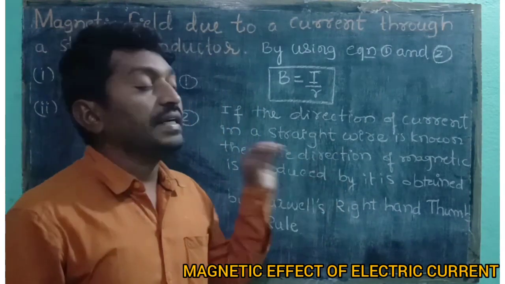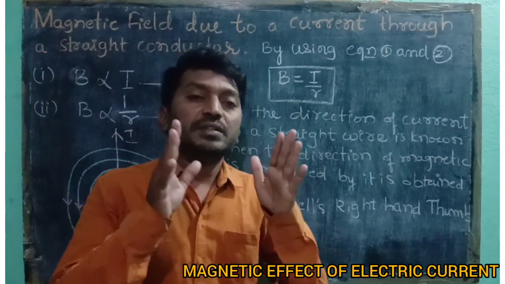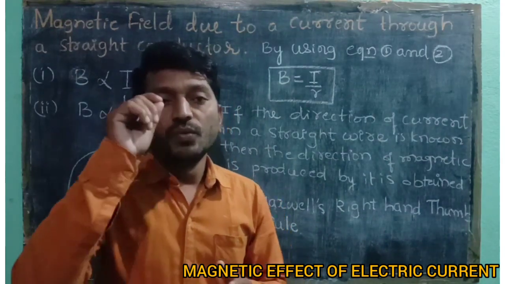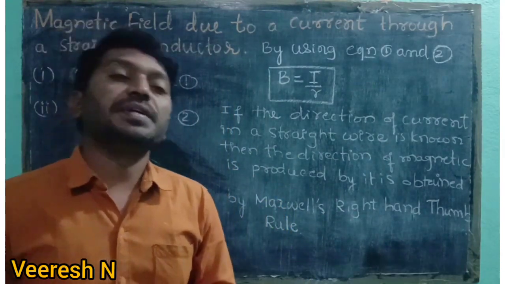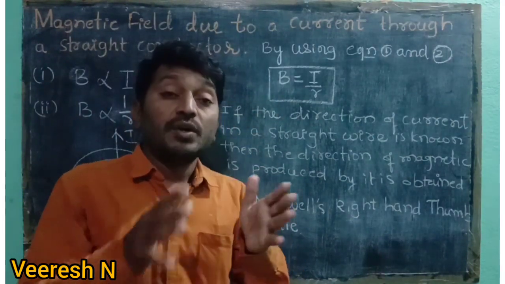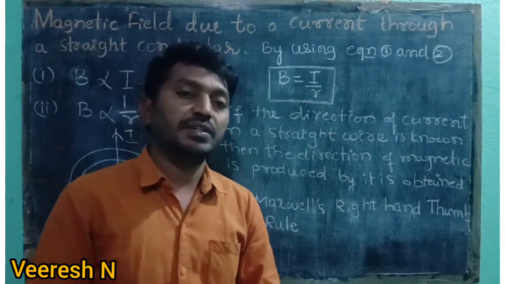Especially the magnetic field. Magnetic field means the space around the magnet in which a force can be experienced. Wherever we keep the magnet, there will be a magnetic field, right?